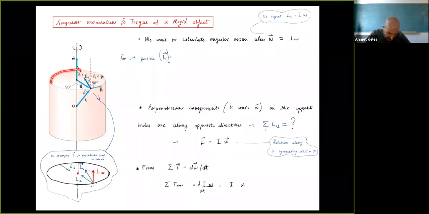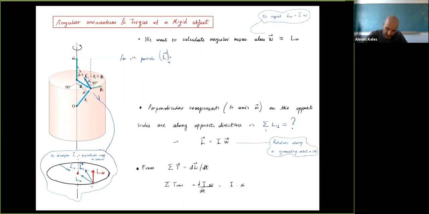There's a cylinder with some height, and this cylinder is rotating around its symmetry axis like this. From the right-hand rule, we know omega is going to be pointing along the z direction. And I want to calculate the angular momentum of this object along this vector omega.